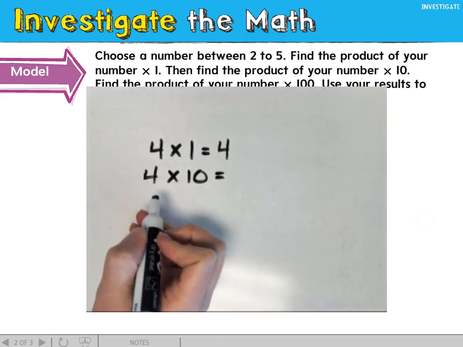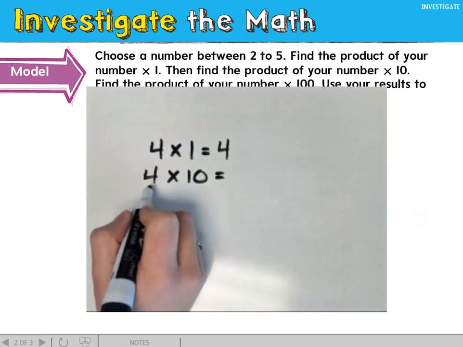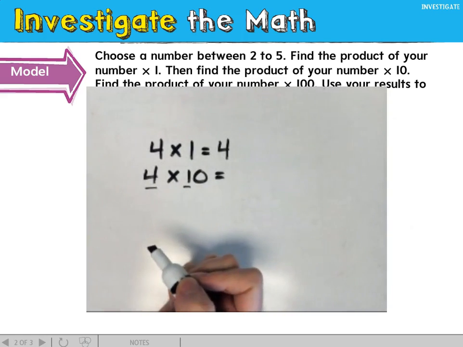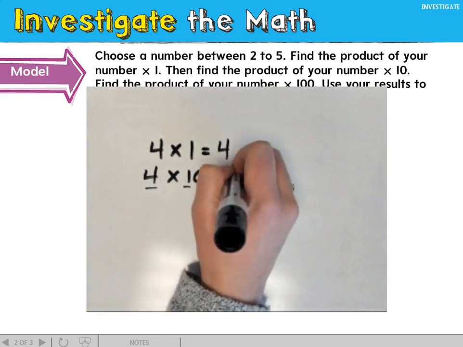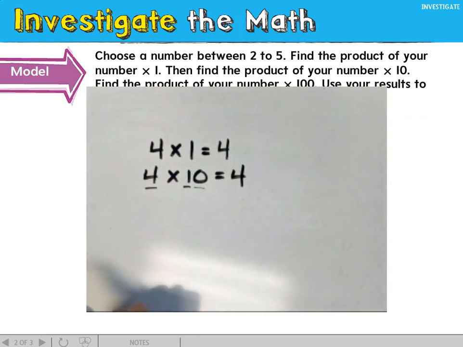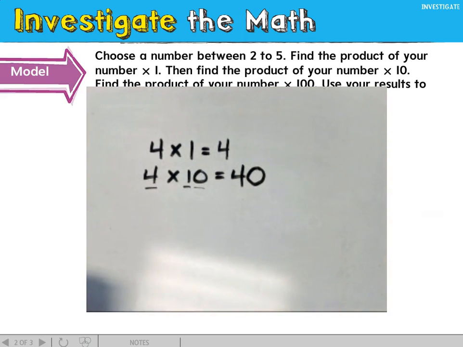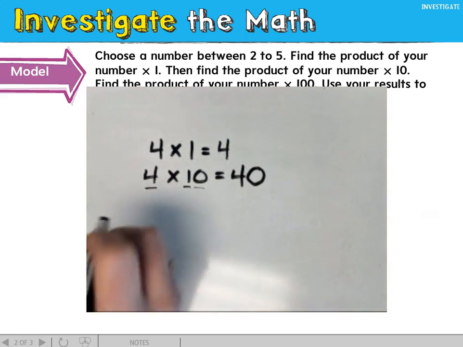When I'm finding the product of greater numbers such as these, multiples of 10, 100, and 1000, I can multiply the basic fact that I have first. So again, 4 times 1, and then you're going to write a 0 for each 0 in your problem. So I have 1 0, so I'm going to write 1 0 in my product. So 4 times 10 is 40.